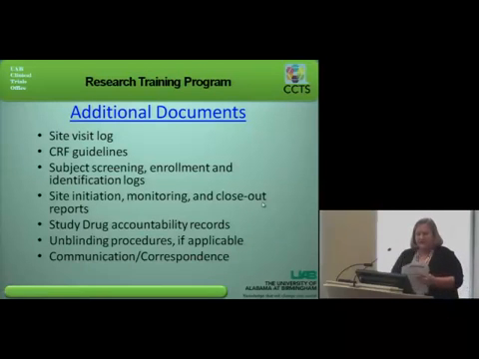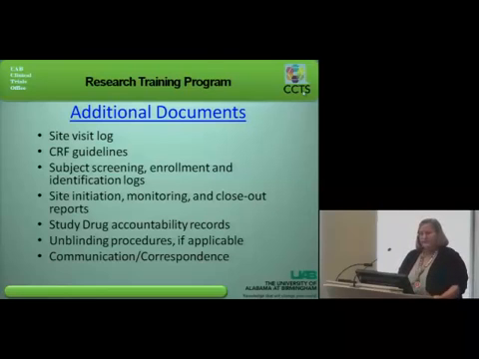Okay, then again, we're going to talk about some additional documents, because at this point we have reviewed all of the minimum required documents to be maintained in your regulatory binder. There are other documents that must also be a part of the required regulatory documents.